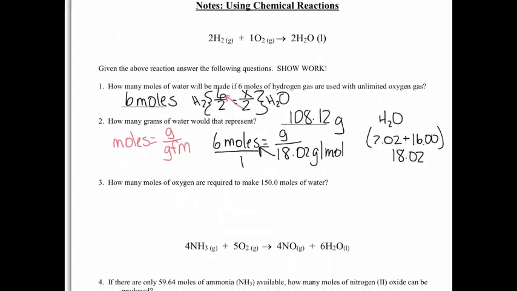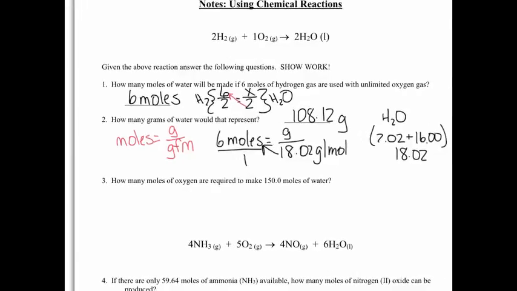Next question, how many moles of oxygen are required to make 150 moles of water? So this time our proportion is going to involve oxygen and water, so we'll put those coefficients on the bottom. This side being for the oxygen, this side being for the water.